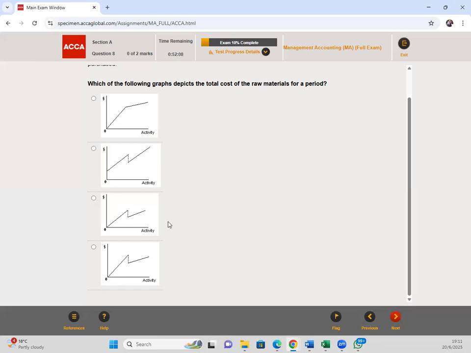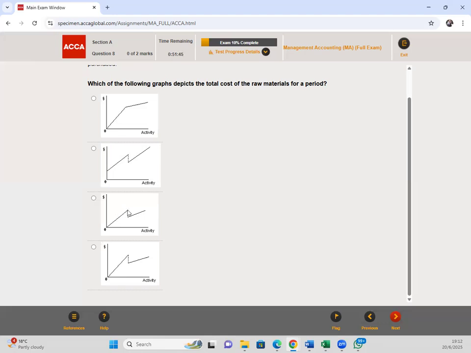The graph that shows the condition they are talking about: when output reaches a certain level, the variable cost per unit falls. If we extend that line, let's look at C. If we extend C, it should come to the origin.